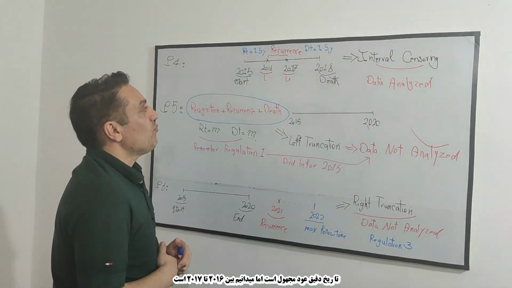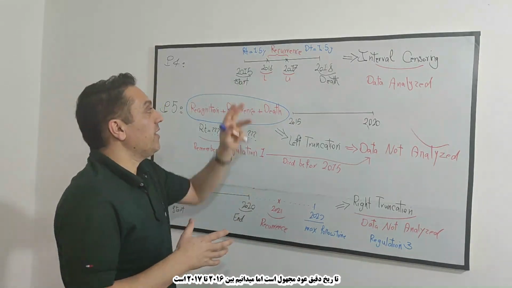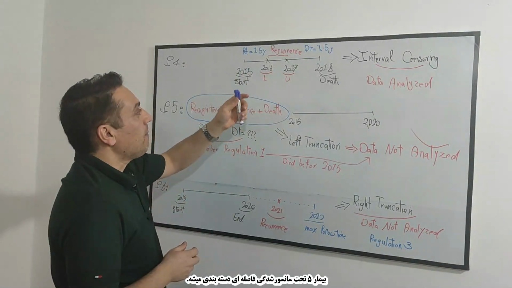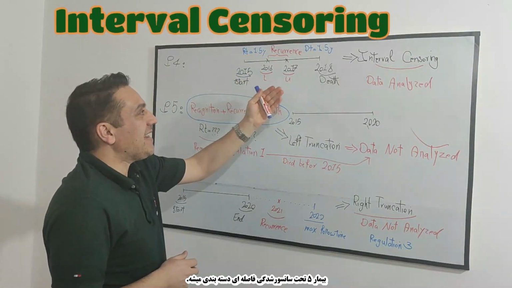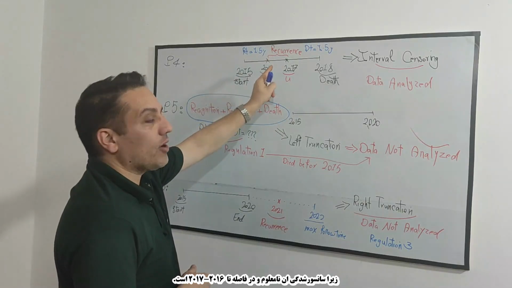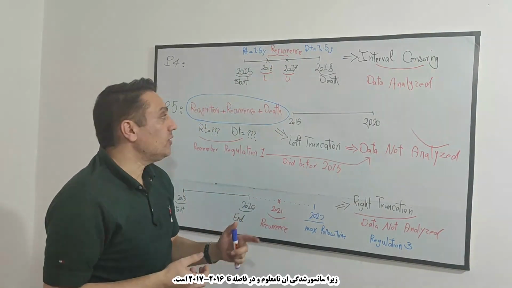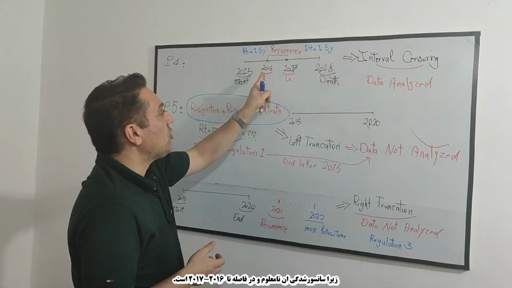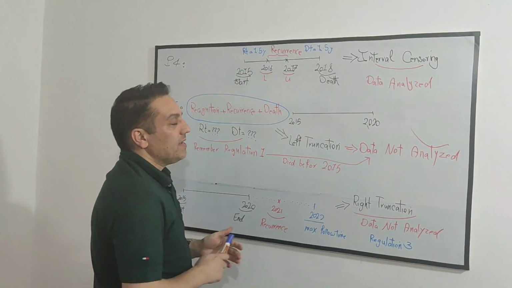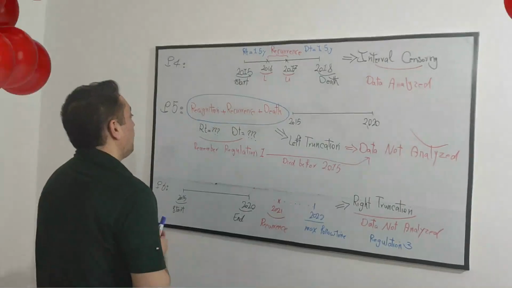We only know that this patient has a recurrence between 2016 and 2017. Then this patient is said to have interval censoring because of a recurrence with unknown real time, but we know that the recurrence is between 2016 and 2017. Data of these patients is analyzed and important to study.